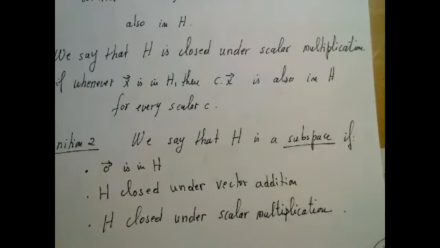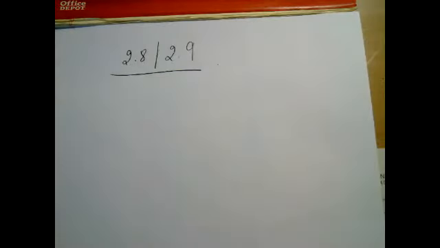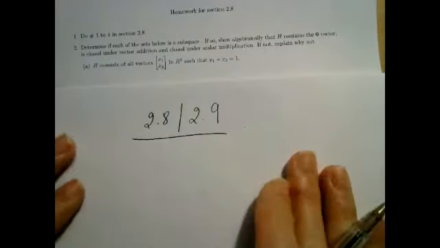That gives us an idea. Today we're going to do one of the worksheets I put on Blackboard, to give you some flexibility in how to show that something is a subspace. I will write the problem and we spend a few minutes on each one to figure out whether it's a subspace or not.